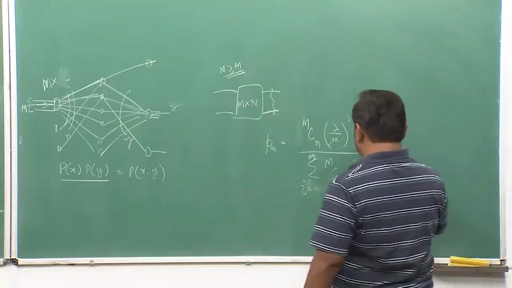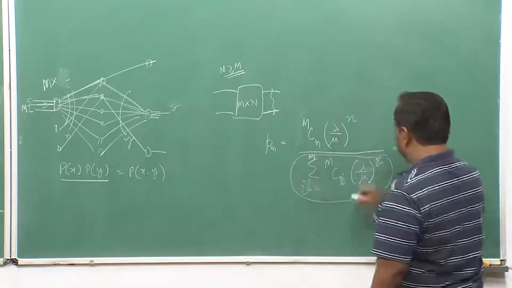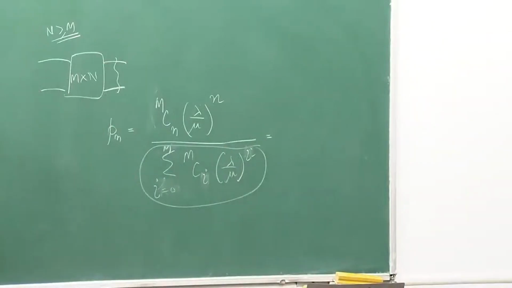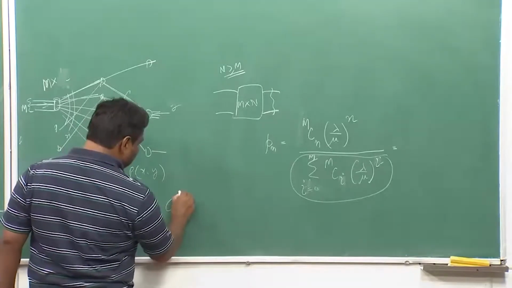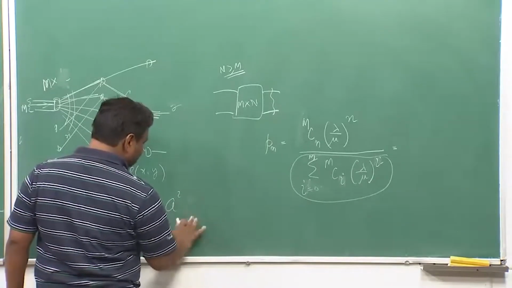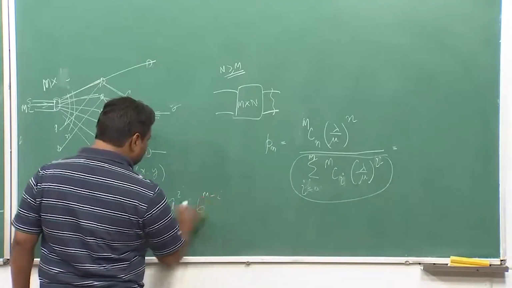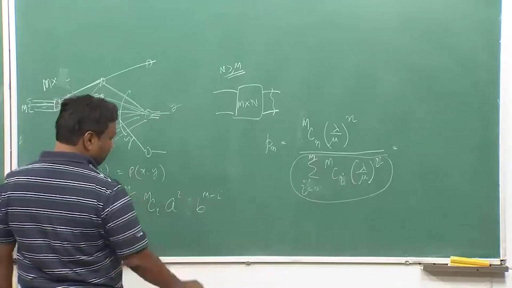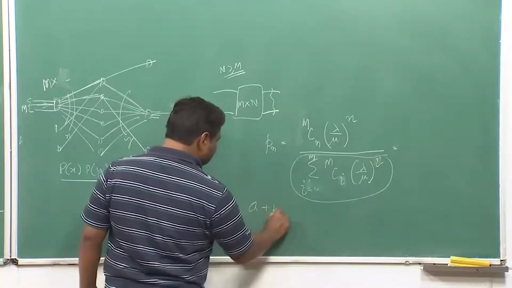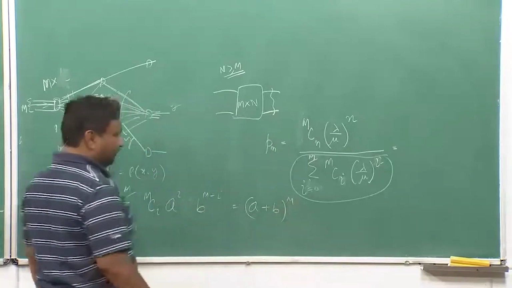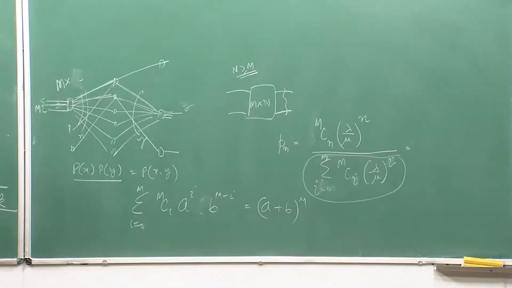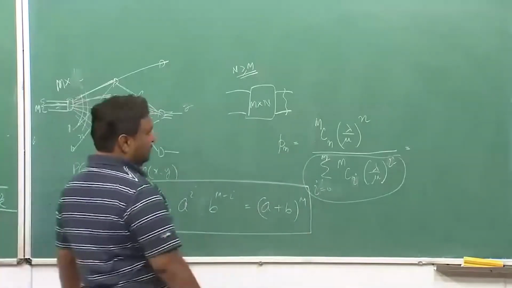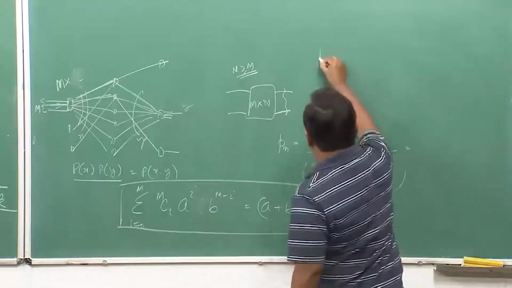So this becomes a complete binomial. The binomial expression is mCi a raised to the power i, b raised to the power m minus i, summation i goes from 0 to m, which is always written as a plus b raised to the power m. So this is a binomial expansion, we can use this to solve this expression for Pn.